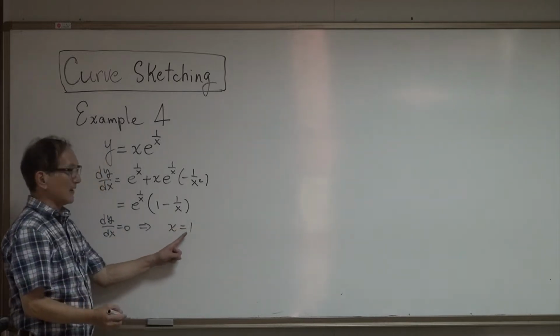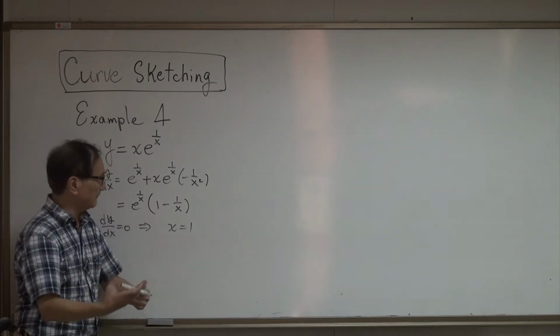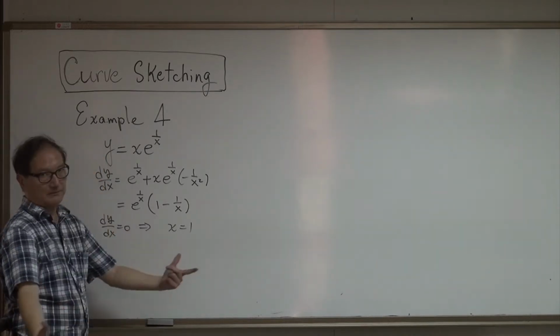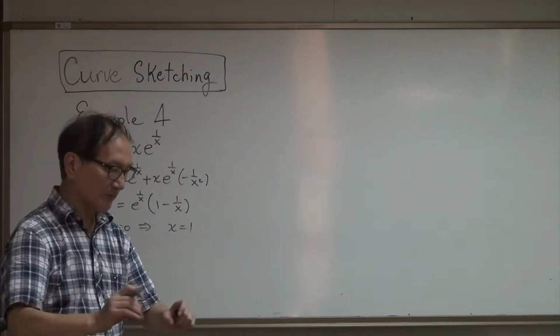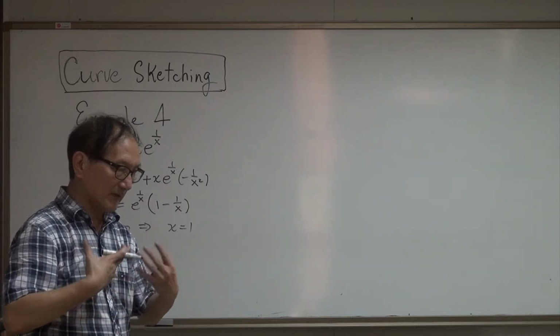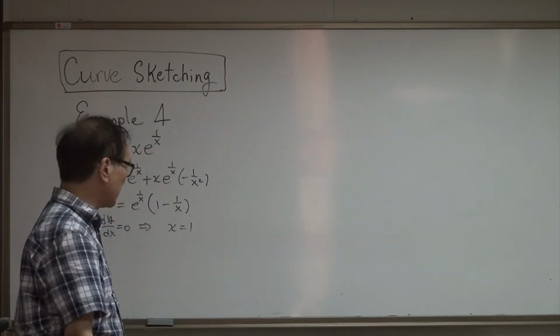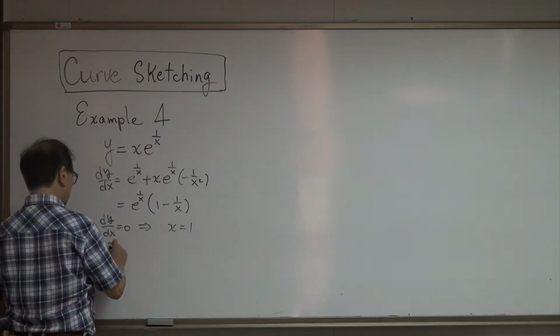So it means that at x equals 1, the function may reach maximum or minimum. That is a piece of information. When you sketch the curve, we are collecting information. The more pieces of information, the better for us to sketch the curve. And then the second derivative.